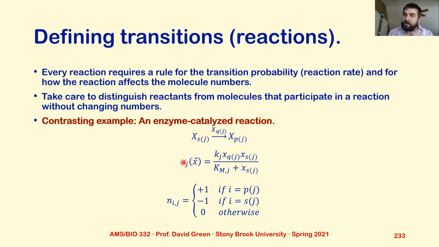Again, the transition probabilities are computed with exactly the same kind of rule as for mass action kinetics. Michaelis-Menten: a rate constant, enzyme concentration times substrate concentration over a Michaelis constant plus the substrate concentration. We simply replace all those concentrations with numbers of molecules, and everything is exactly the same.